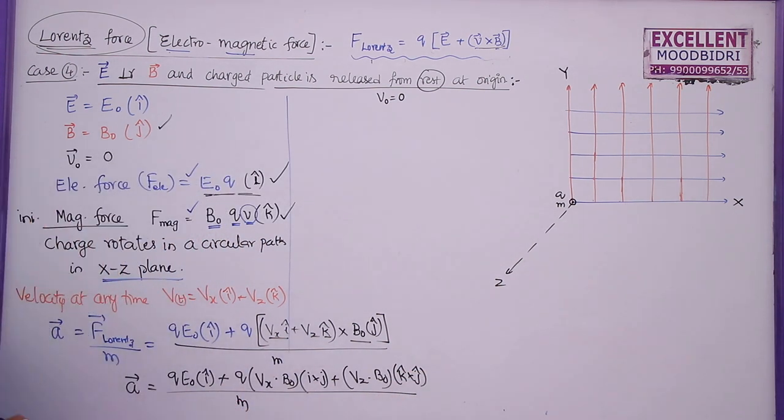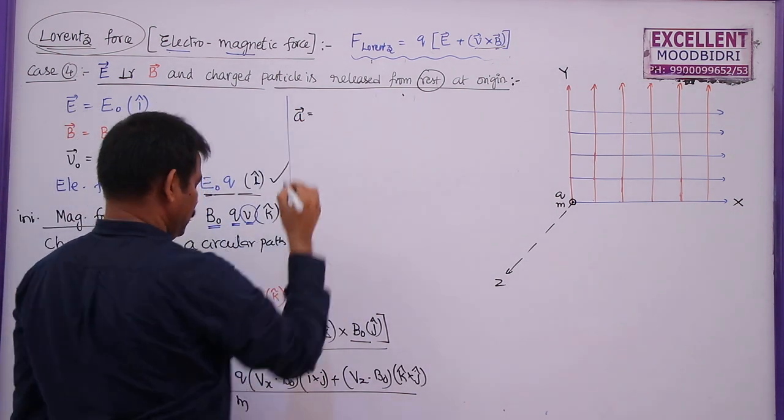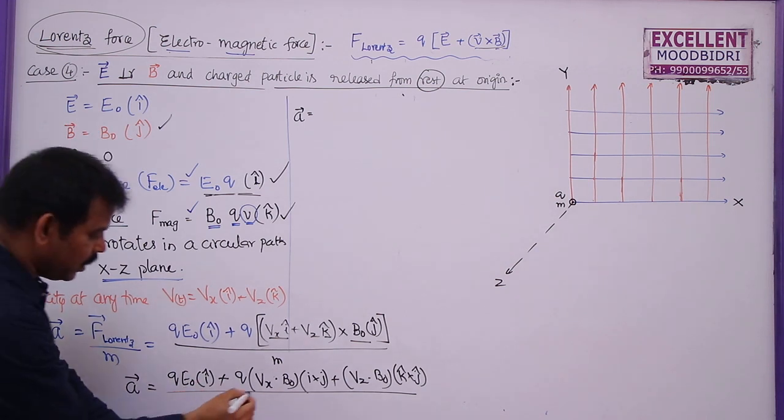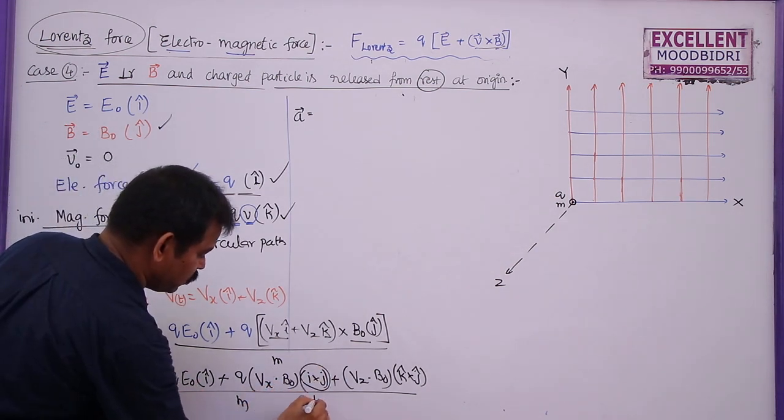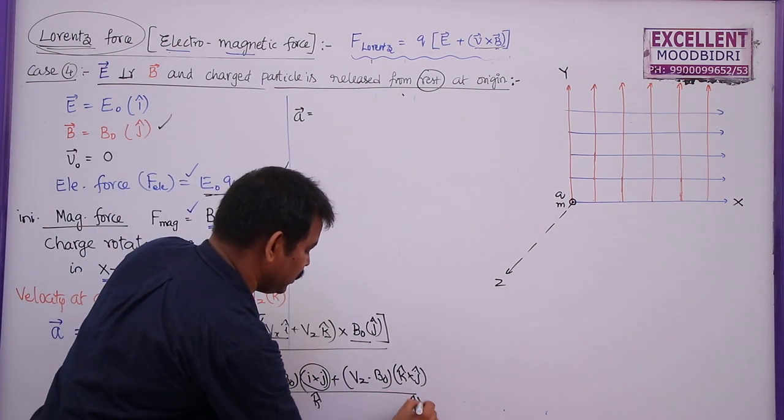This is the acceleration of this charged particle. You can see i cross j is equal to k cap here, k cross j is equal to minus i cap here.